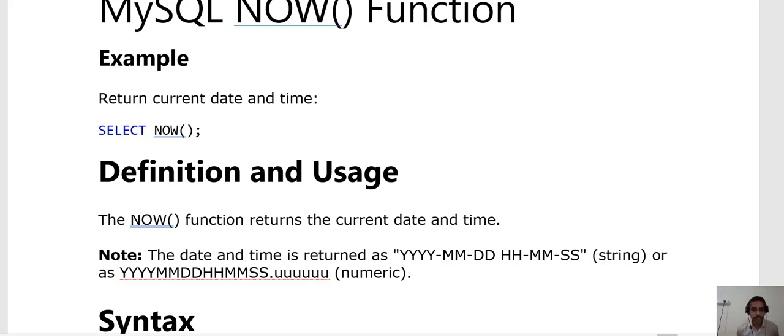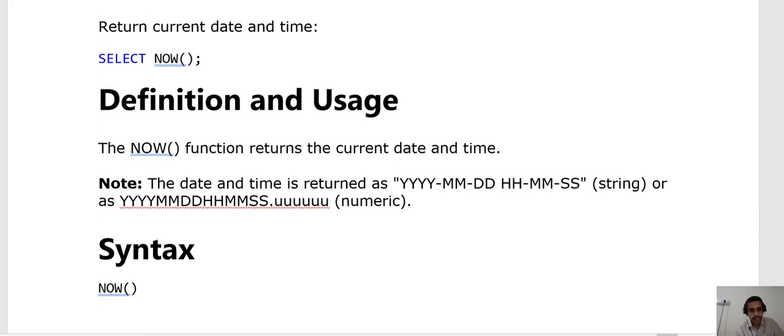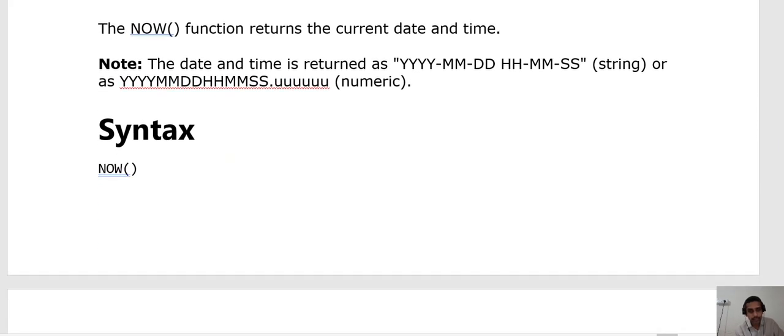The date and time is written as YYYY-MM-DD and hours, minutes, and seconds. This is what we defined over here, and the NOW function shows it in the complete, detailed format. The syntax is given like NOW.